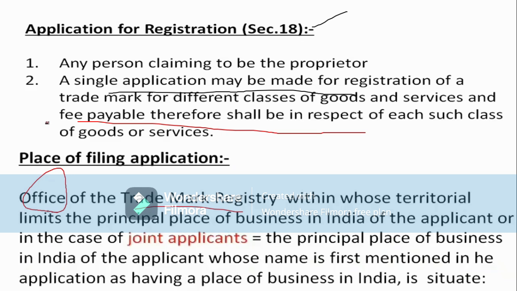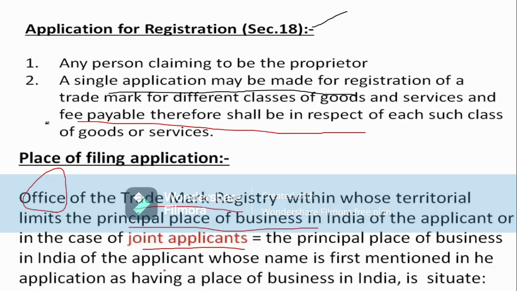Within those territorial limits, the principal place of business, the head office of our business, should be located in this registration area in India of the applicant. In case of joint applicants, the place of business should be mentioned first.